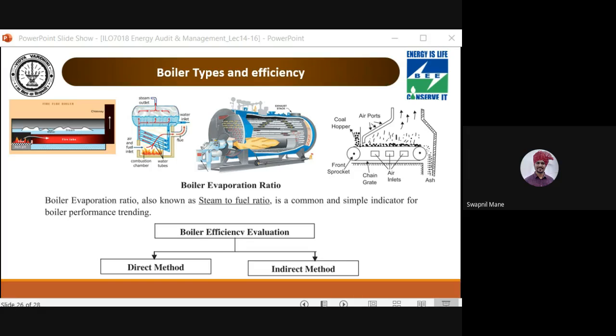The scrubbing of this will definitely affect the chimney, and it can cause damage to the chimney, right? So fluidized bed combustion boilers are very popular when we require very uniform kind of heating.